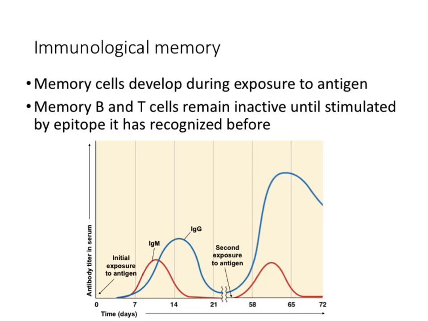But what we do know is that these types of cells are produced. And what we find is then on a second or a third or a fourth exposure to the same exact pathogen, the one with the same similar structures, our adaptive immune response responds to it much more quickly and with much more force a second or a third time through.